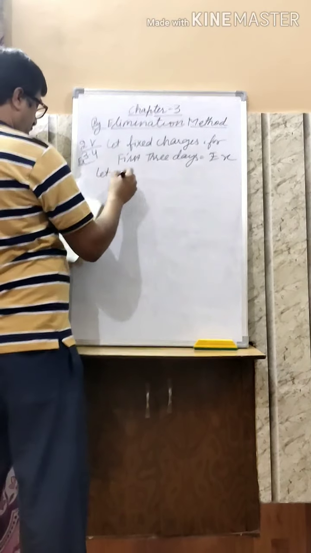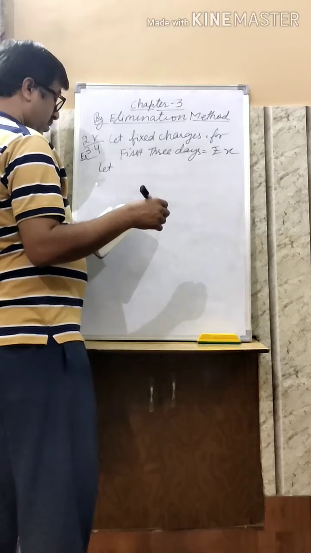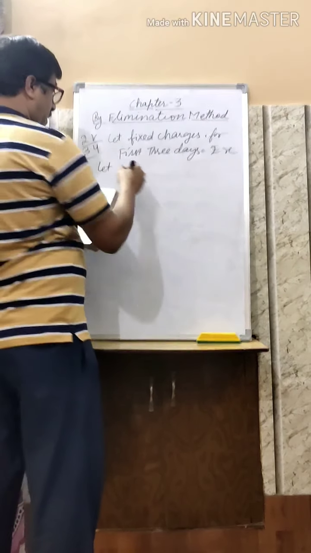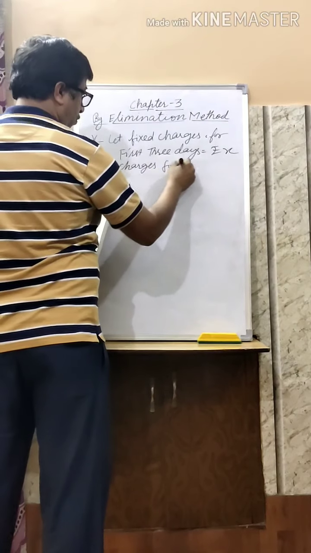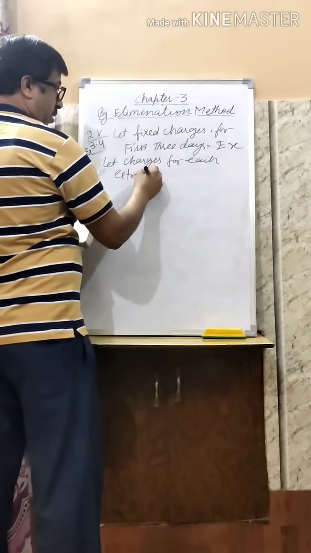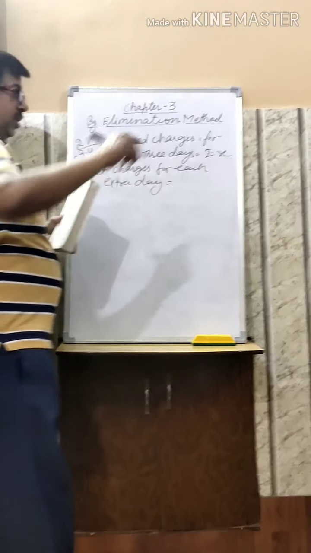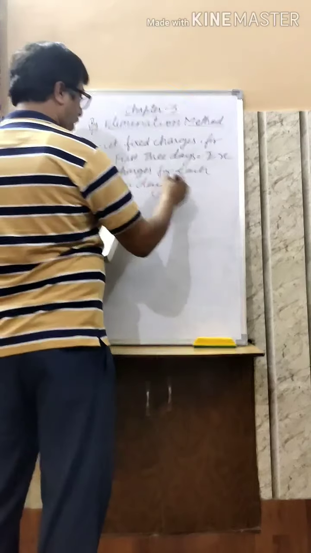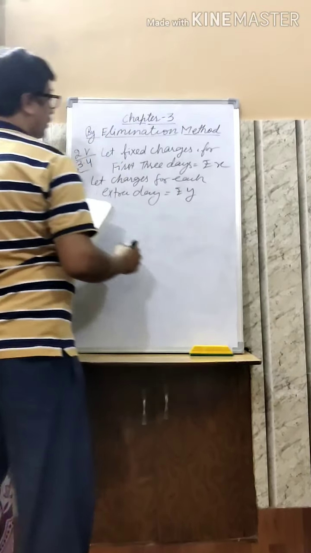So let next be charges for each extra day. Let charges for each extra day mean first 3 days x rupees fixed, and then after 3 days per day rupees y charges will be applied.